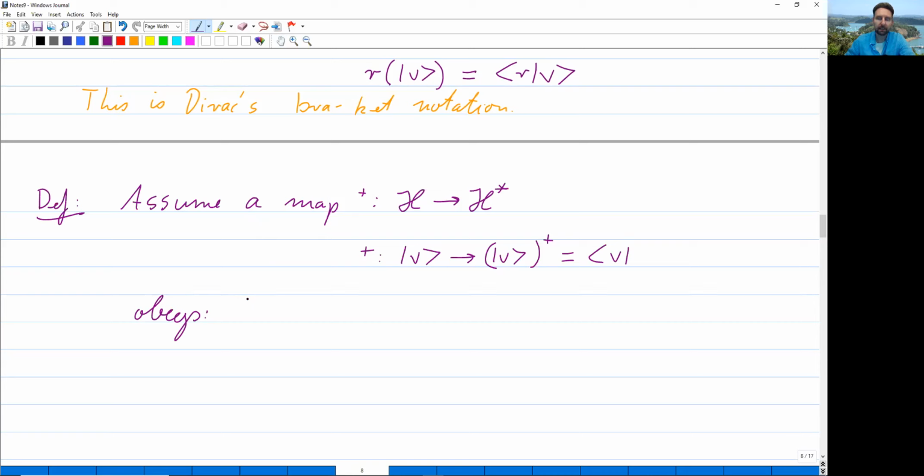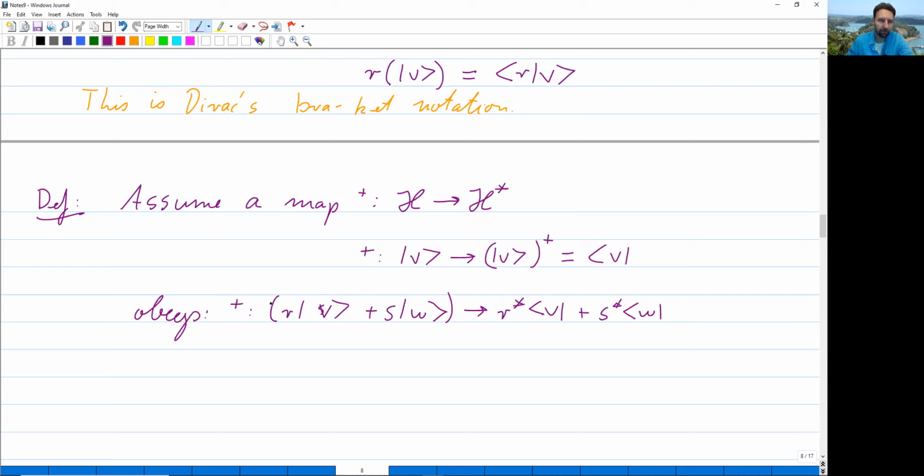We want it to obey that this dagger map maps R times a vector, let's say V, plus S times a vector W, into the complex conjugate R star times the bra V plus S star times the bra W. So we want this dagger map to map vectors in H into vectors in H star in an anti-linear fashion, because R cannot simply be pulled out.